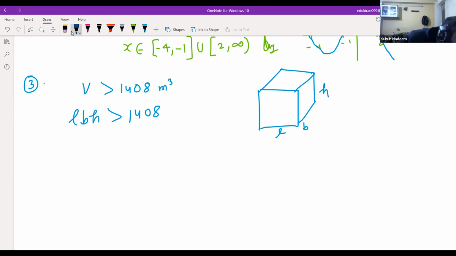So let us suppose the width is x. The depth, which is height, is 8 plus x, and the length is 3 plus x. Is it okay?